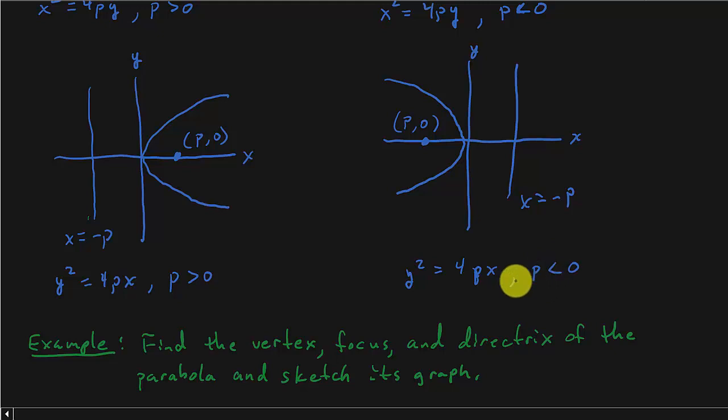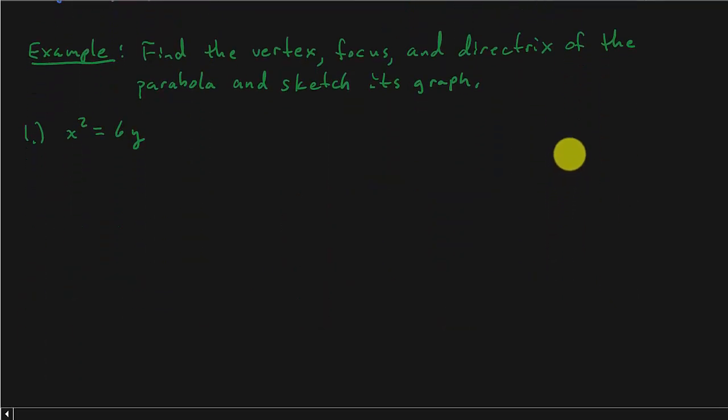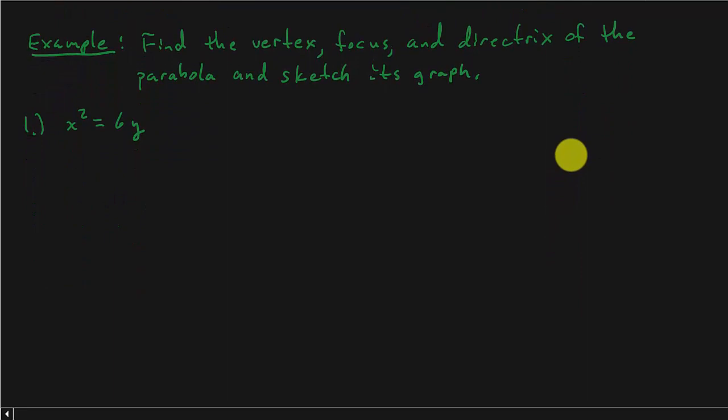All right, so let's look at some examples. We've got quite a few examples to work. This one says find the vertex, focus, and directrix of the parabola and sketch its graph. We know x squared equals 4py is the equation of our parabola.